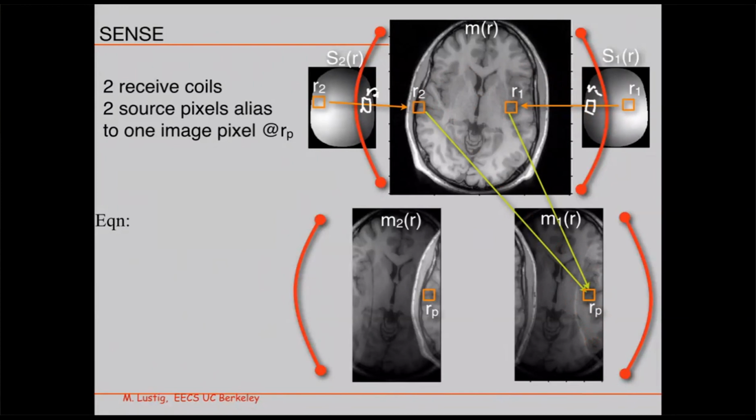We can write it as the image at R1, right, is multiplied by S1 at R1, and then added to S1 at R2 multiplied by the image at R2, right?